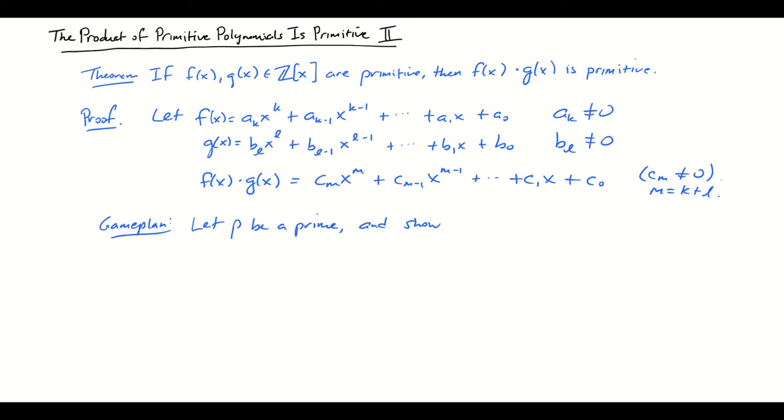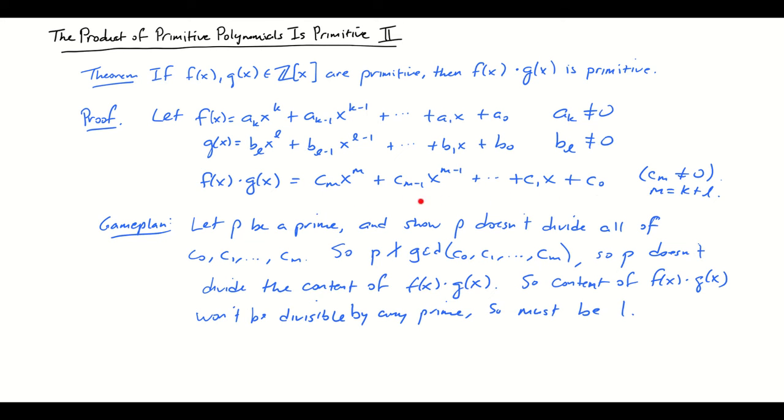So that's how the argument's going to work. We're going to fix a prime p and focus on that, but really the argument we use on p is going to be something that works for every prime. So once we know it works for every prime, we will know that for any given prime, there will be some coefficient in here that is not divisible by p. And then we will know that there is no prime which divides all of these, therefore the content of this polynomial has to be 1, therefore f of x times g of x is primitive.